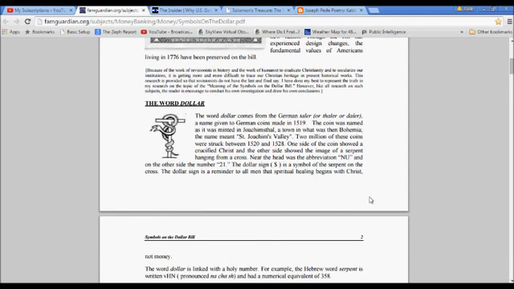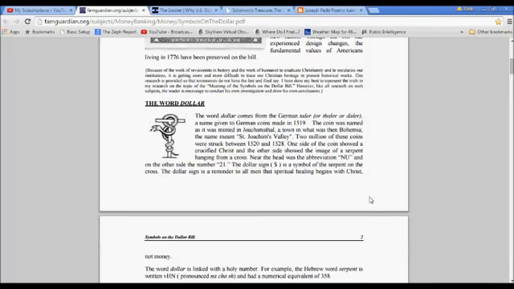The word dollar comes from the German Thaler, spelled with an a, name given to German coins made in 1519. The coin was named as it was minted in Joachimsthal, a town in what was then Bohemia.